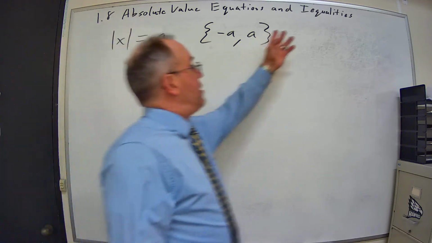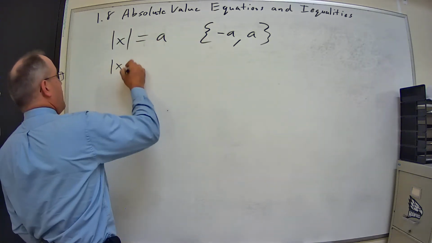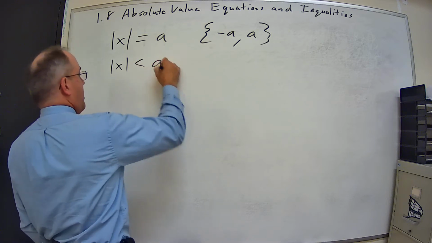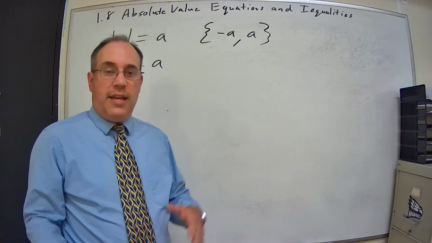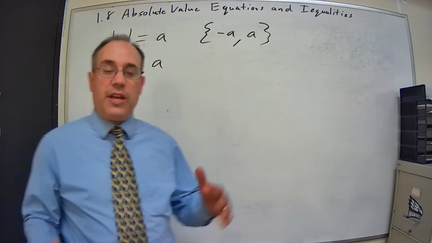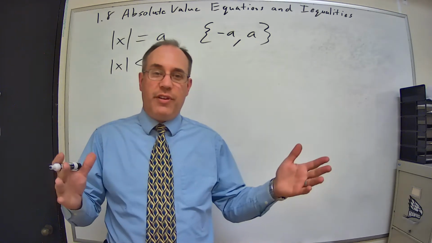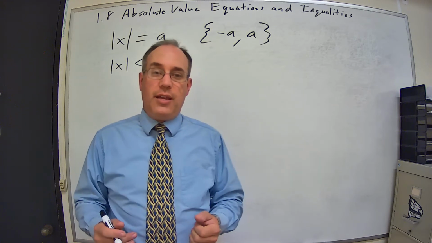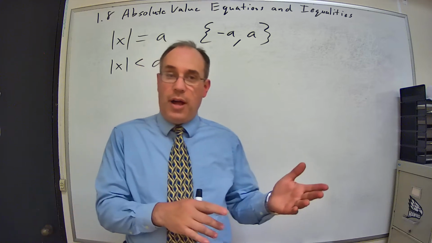If I add in inequalities, so if I say the absolute value of X is less than A, well, it could be less than A on either side of 0. So if you think of a number line, if I say within 5, so that's less than 5 away from 0 on the number line, that can start as low as -5 and go up to +5.